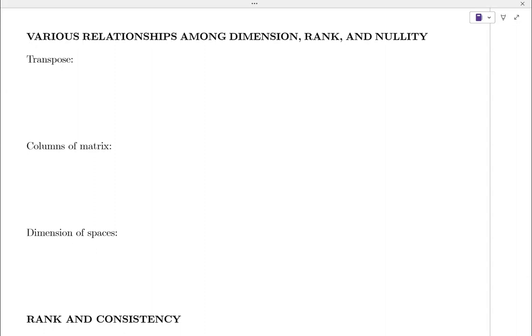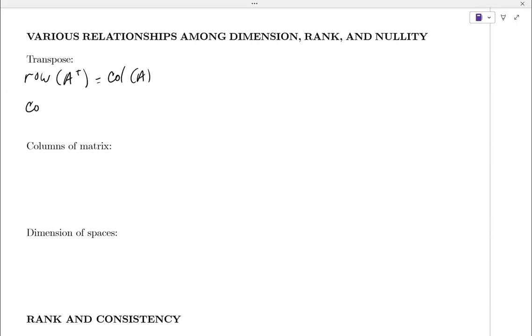So how about the transpose of a matrix? When we transpose the matrix, we take the rows and make them into columns, and the columns and make them into rows. So how could you relate the row space of the transpose to the original matrix A? The column space, right?